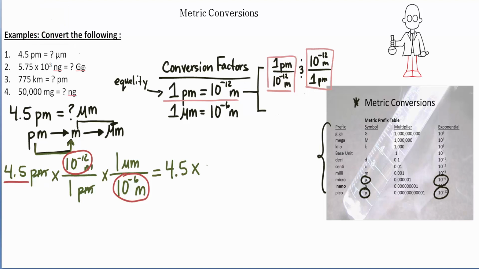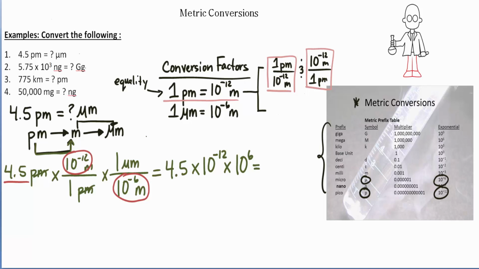So we will have 4.5 times 10 to the minus 12. This minus 12 is already in the numerator. Now, our laws of exponents say if I want to bring this to the numerator, which is what I like to do, I have to change the sign of my exponent. So instead of 1 over 10 to the minus 6, that becomes 10 to the 6. It's the same thing as subtracting exponents.